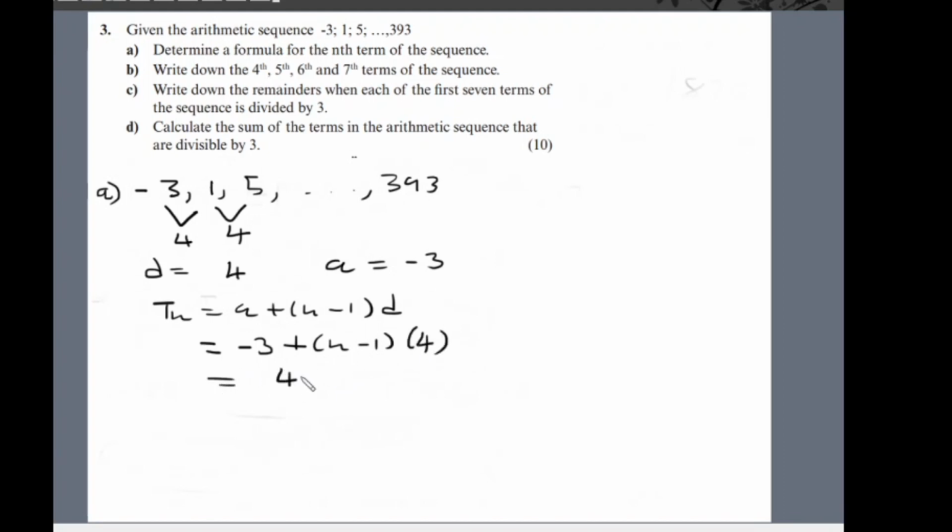So we have 4n minus 4 minus 3. So the formula Tn is 4n minus 7, right?